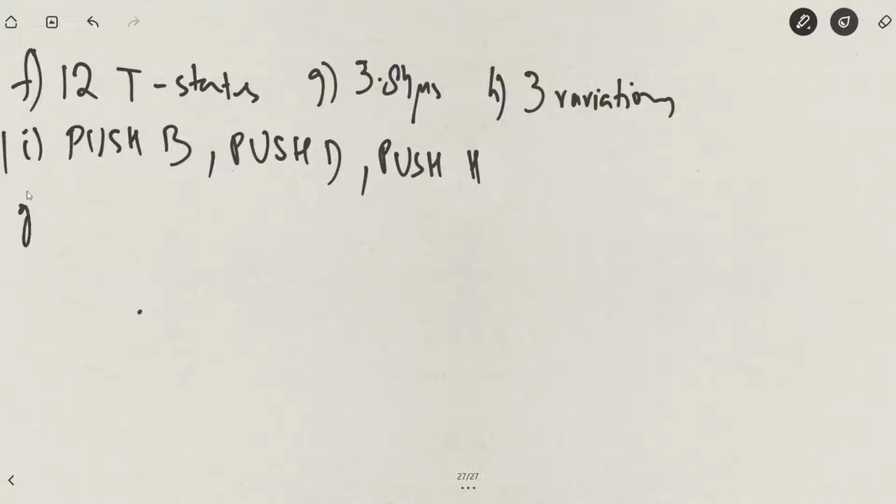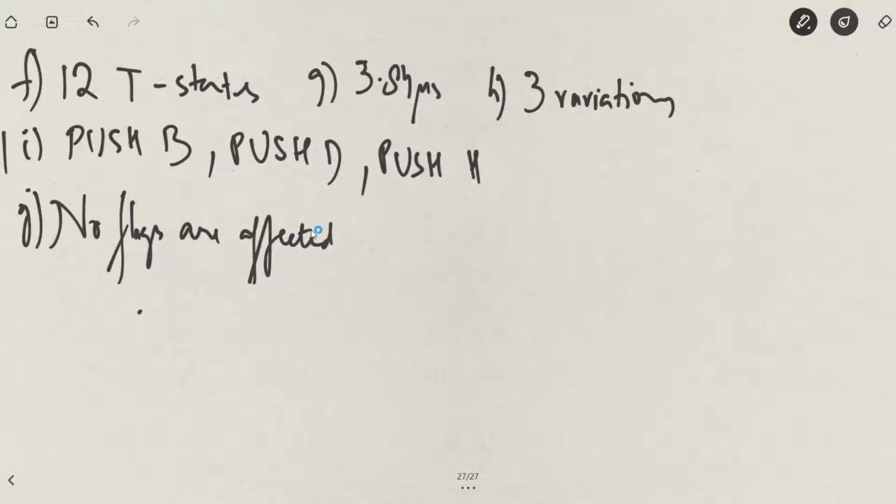Next you have the flags, actually, first. No flags are affected. And then the addressing mode for the source and for the destination. What is the source in this case?